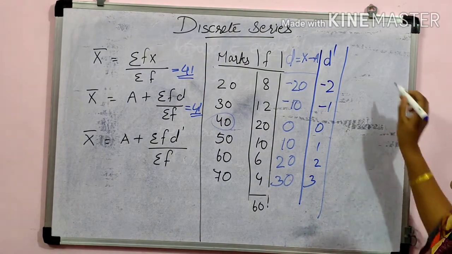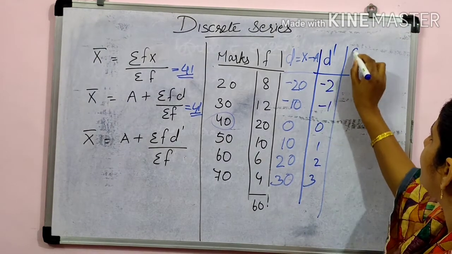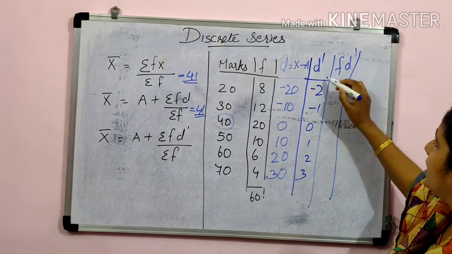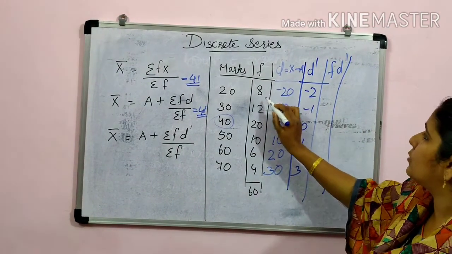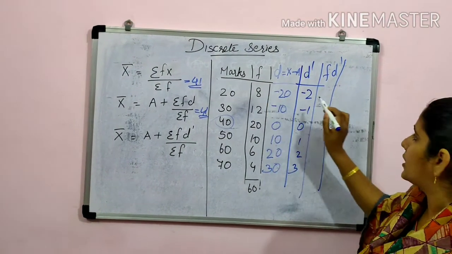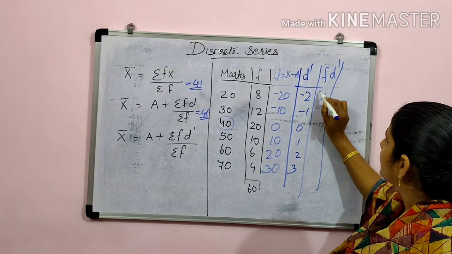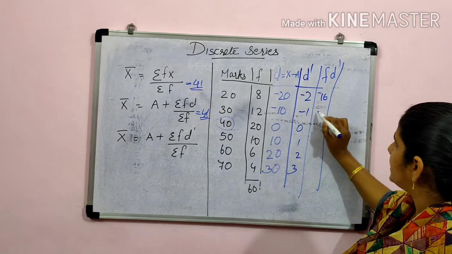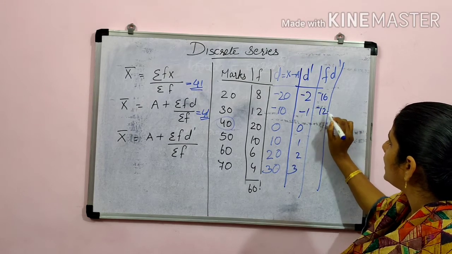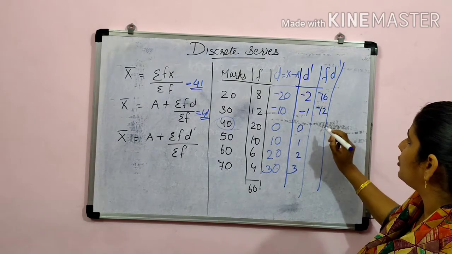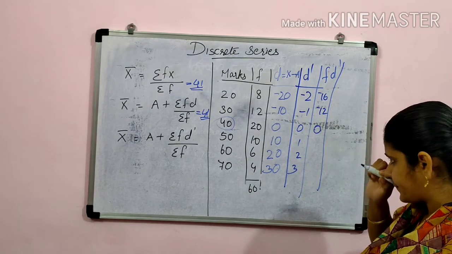Then what is the next one? The next column will be F D dash. All these D dash values we are now multiplying with the frequency column. Now what will it become? 8 2s are 16, but here we will get minus, then here it will become minus 12. F multiplied with this 0 value, here we got 0.